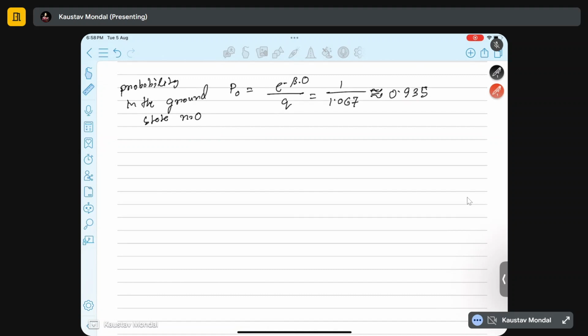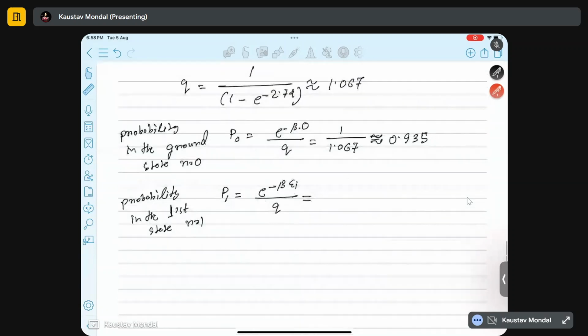So what is the fraction basically? Probability or fraction, whatever nomenclature you use, signifies the same thing. In the first state, n equal to 1, P1 is e to the power minus beta E1 by Q. Q here is 1.067.